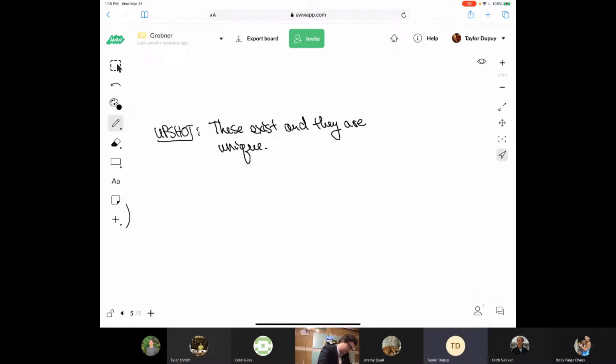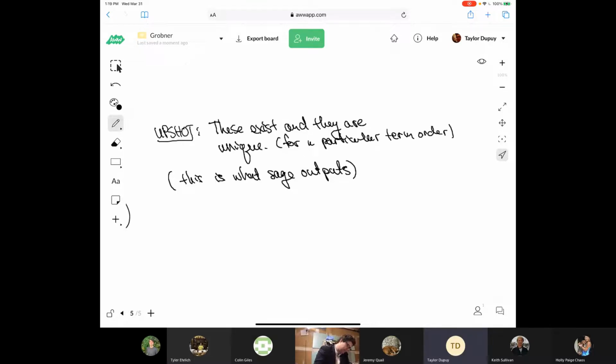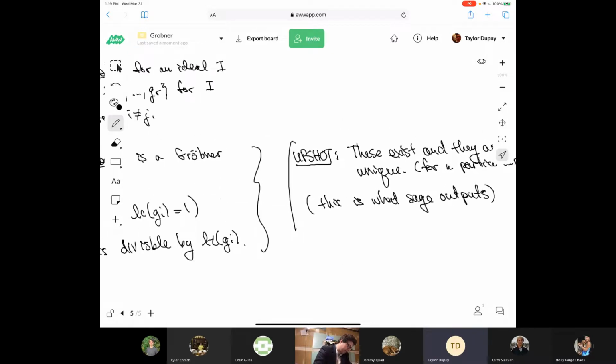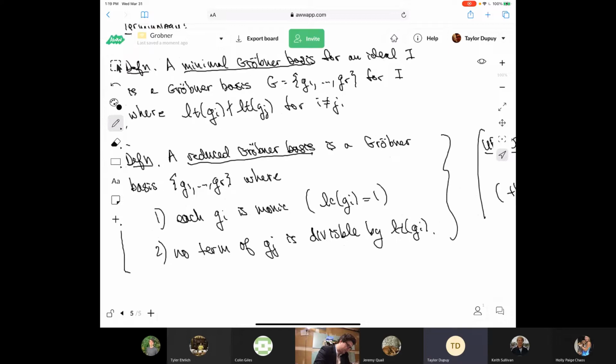So this is what Sage outputs. This is unique for a particular term order. All right. So that's why we care about reduced Groebner bases.